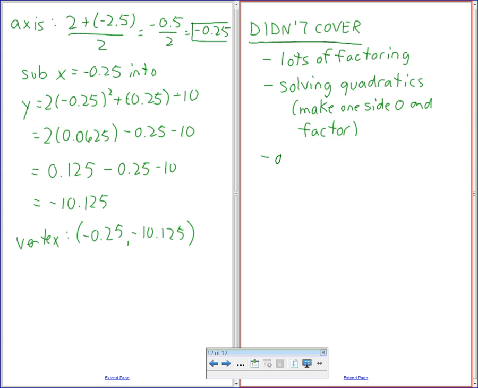Difference of squares. That's the stuff I only touched on a little bit, but tomorrow there's going to be a whole page of factoring. I want to get every single type of factoring I can do for you. So if there's one thing to study tonight, it'll be factoring.